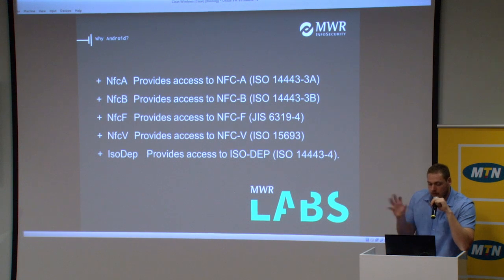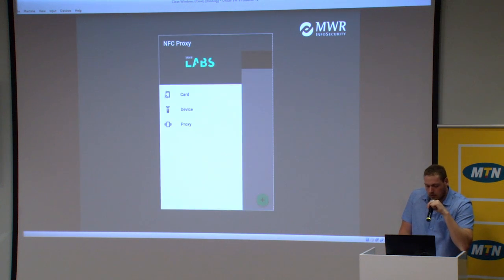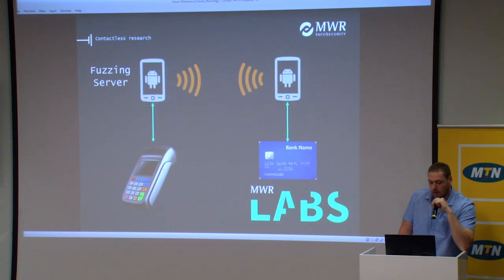And Android provides a full stack of NFC for us, a full plethora of NFC modes that it works with. In the end, I came up with one device to rule them all: something that can test the cards, can test devices, and can proxy communications. This is to be able to effectively do our research.